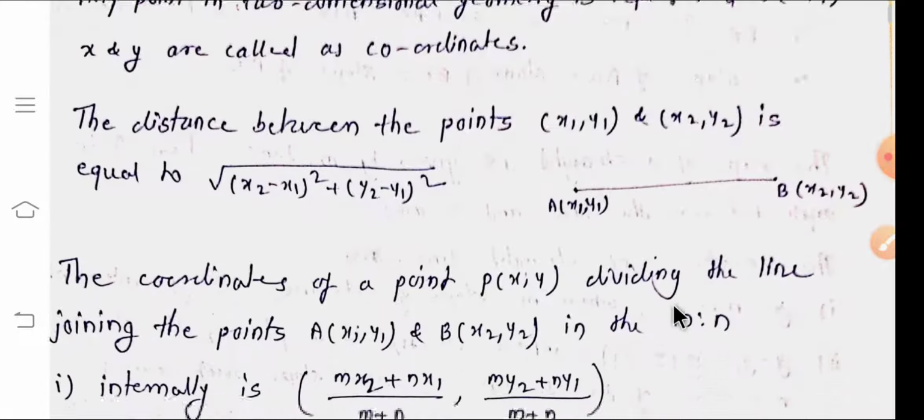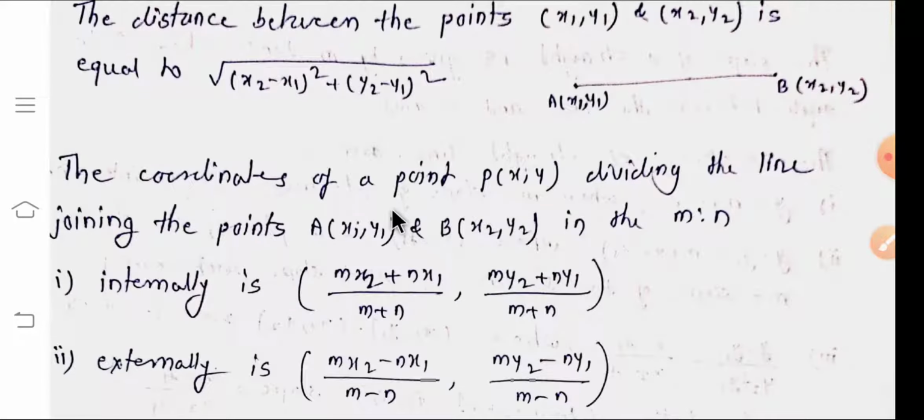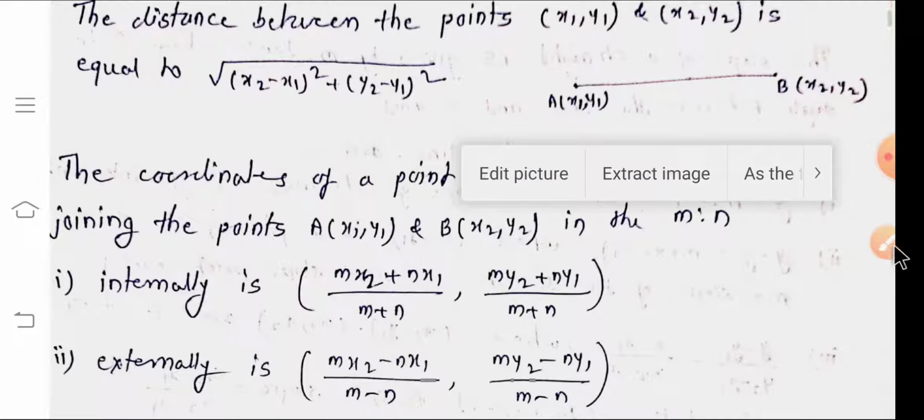Next, the coordinates of a point P of x comma y dividing the line joining the points A of x1 comma y1 and B of x2 comma y2 in the ratio m is to n, internally or externally. Suppose this is the line AB.